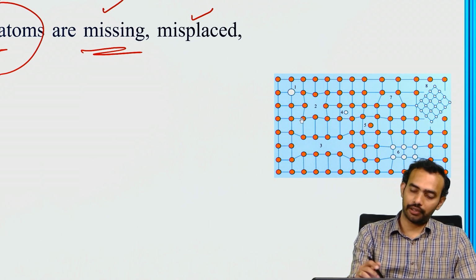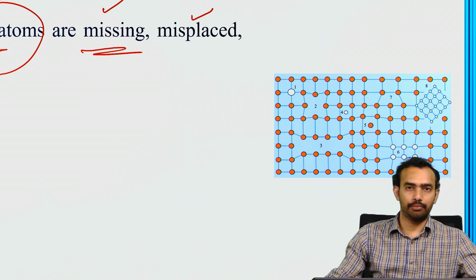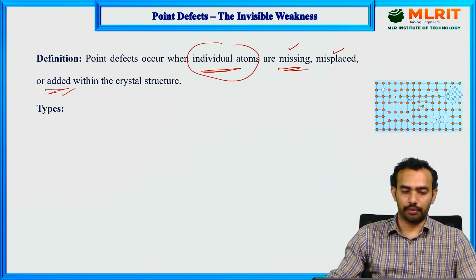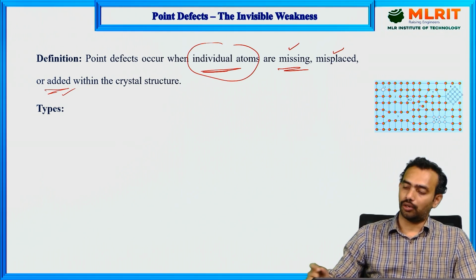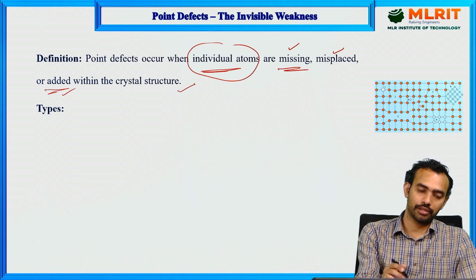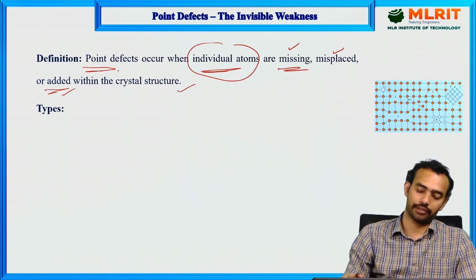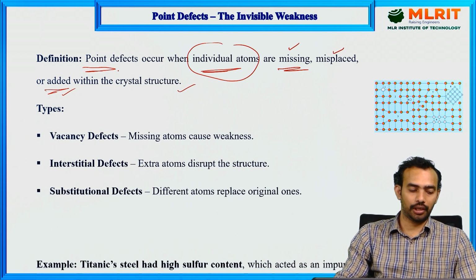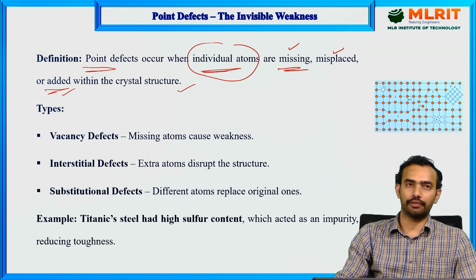If any kind of misplacement, missing, or additional atom has been added to the crystal structure, such defects are called point defects. Point defects are further classified into three major categories.